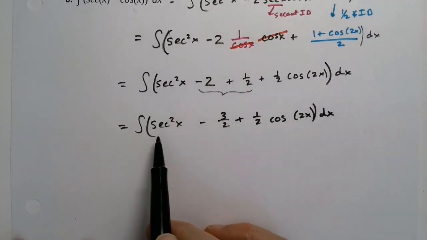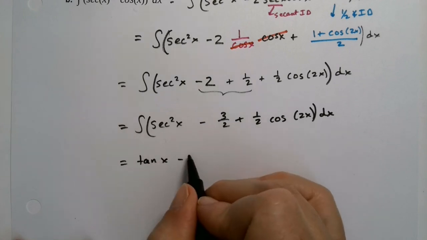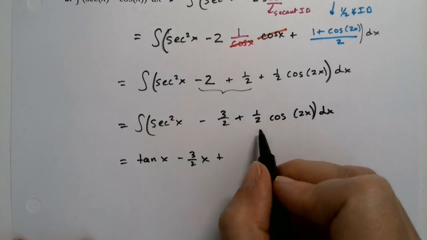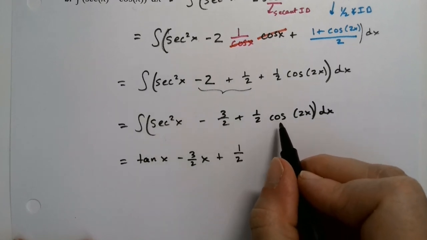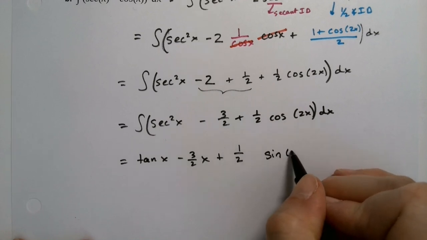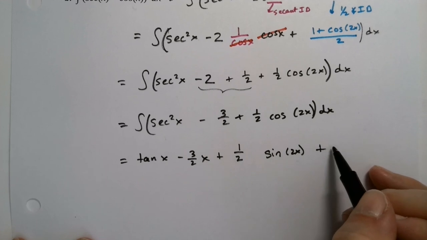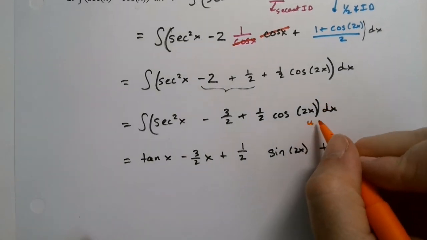All right, so the integral of secant squared is tangent. The integral of 3/2 would be 3/2 x. Now this one's going to take a little bit of doing. So what's going to happen here is it's a half. Now the integral of cosine is sine, but the problem is the 2x, right? If you think about U-substitution, I mean, that's kind of what we're doing here. We're doing sort of a baby U-sub.